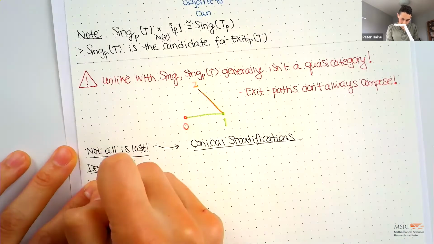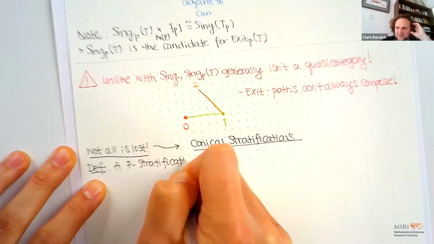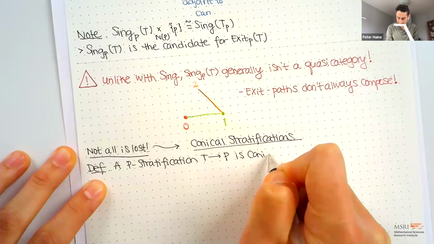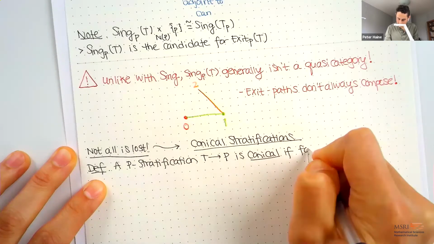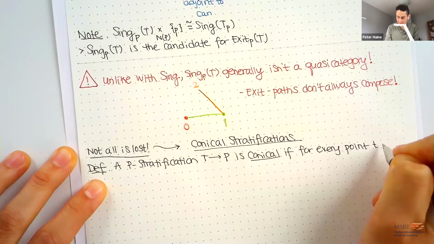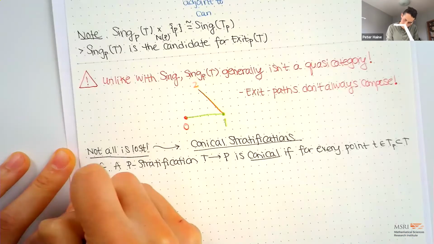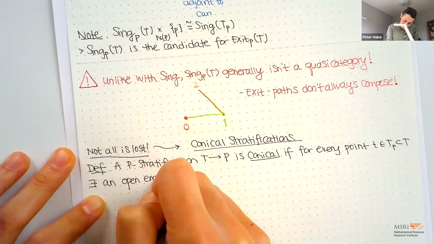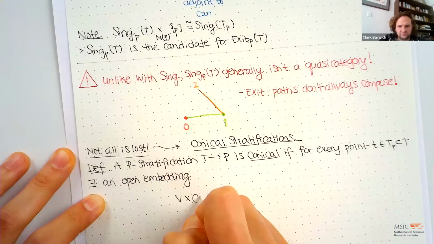So, a P-stratification T to P is conical if for every point t in T, in some particular stratum T sub P, there exists an open embedding V crossed with a cone on T prime.